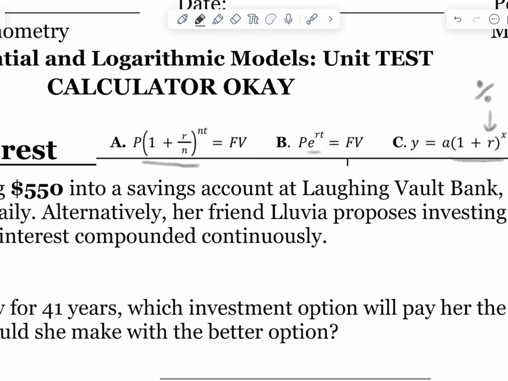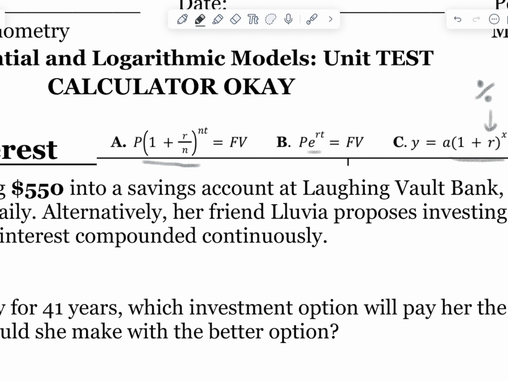But this one, you're going to use when you have the word percent, but also the word compounded. And then lastly, this one you will use when you hear the word continuously.